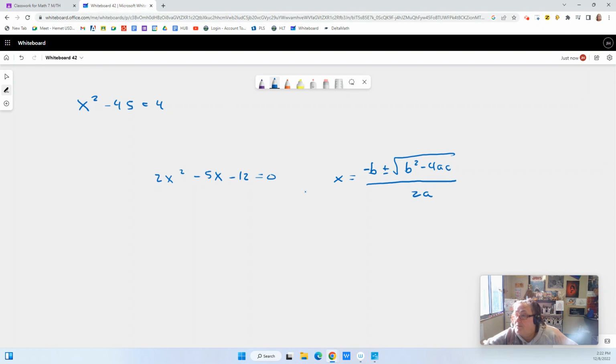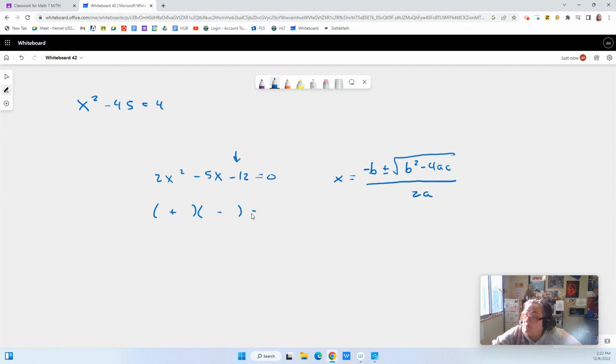So with this one where we solve to find the zeros, I would factor this. I think we can. And there's some things to remember about factoring. Like if I have a negative right here, my factors, one will be positive and one will be negative.